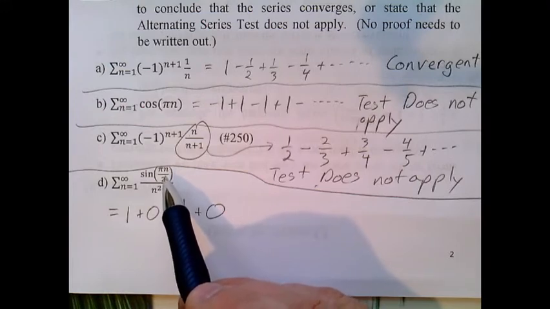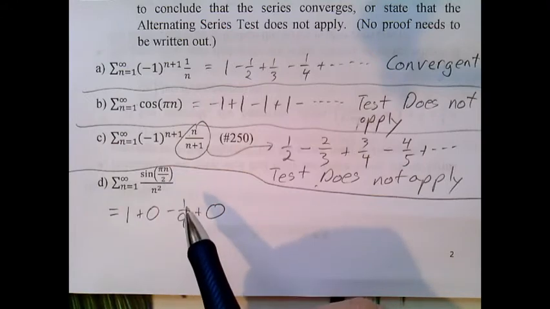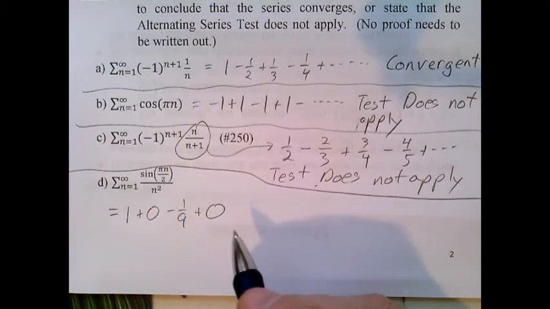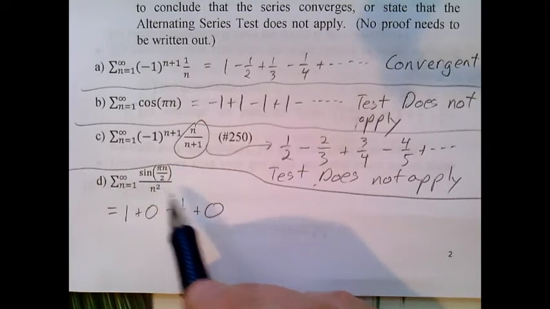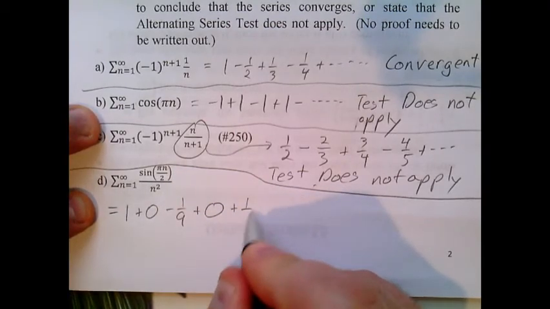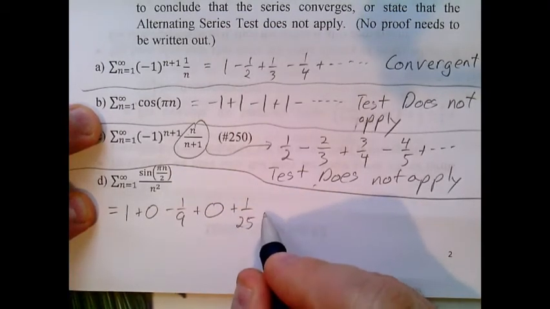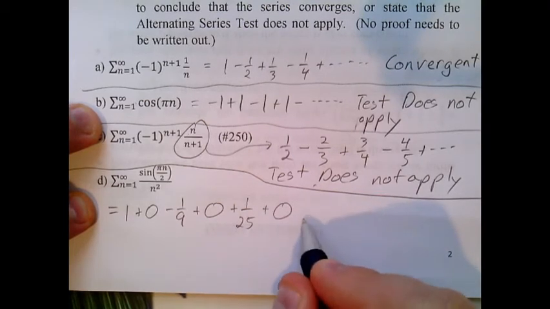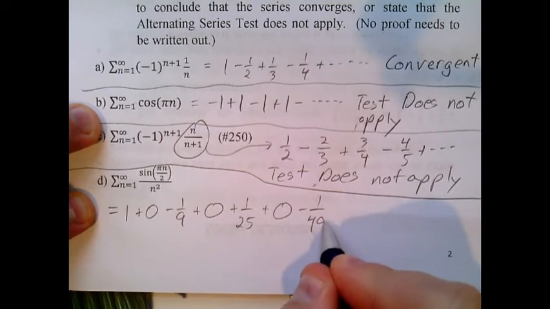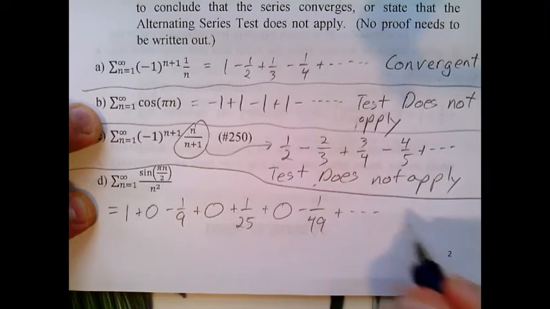But that's the same as sine of pi over 2, because it's just adding 2 pi. So that's back to 1, 1 over 5 squared. So plus 1 over 25. And then I guess we'd have a 0, and then a minus 1 over 49, and it'd keep going.